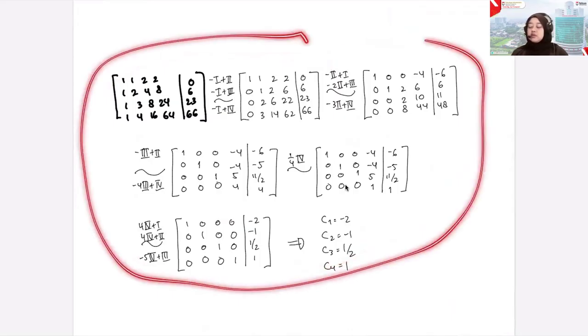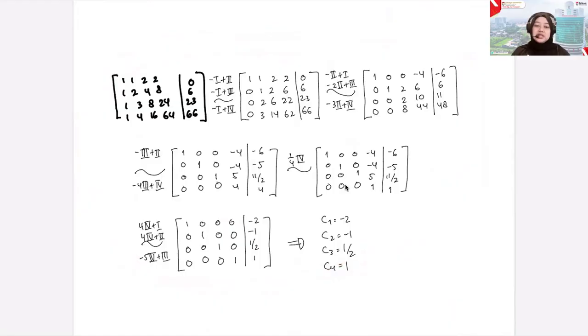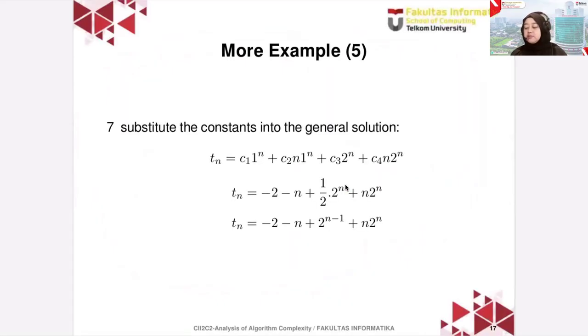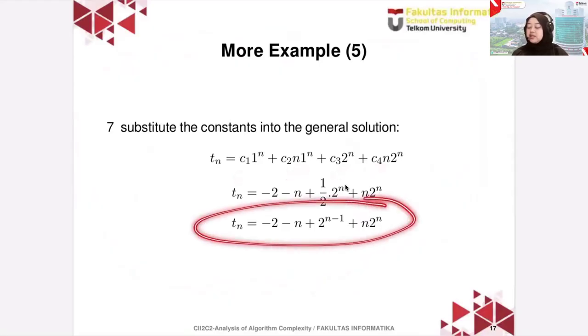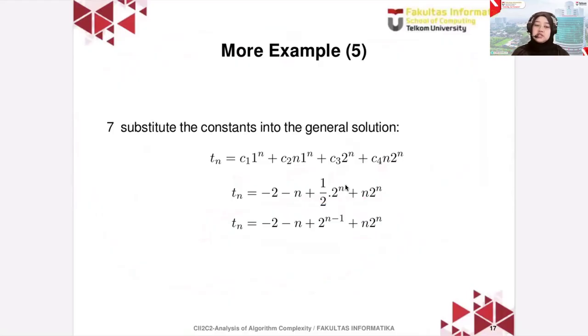Maybe you should have already learned this from algebra or matrix classes. So from here we got C1, C2, C3, and C4, and we can substitute them into the general equation so we can get the final solution.